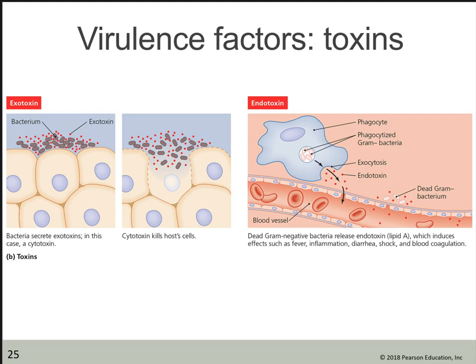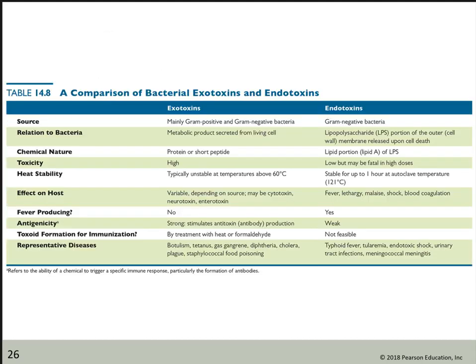LPS is usually associated with the membrane of the bacteria, but when the bacteria dies, that releases LPS, and now LPS has a part of the molecule that's normally not exposed that comes in contact with the immune system and results in inflammation, fever, diarrhea, shock, and blood coagulation. We're going to discuss LPS in great detail later.